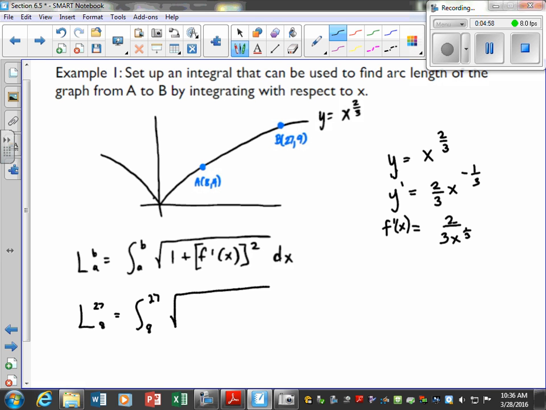We'll set this up, so we'll have 1 plus, I'm just going to use that second format, 2/3 x to the 1/3 squared dx. In this particular case, we weren't asked to calculate it. We were just asked to set this up, so this is all we need to do here.